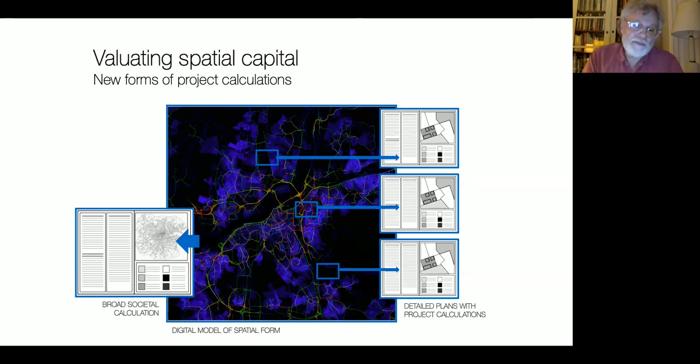So, summing up, I hope that this has made some kind of sense. I started with some discussion about the idea of spatial capital as that kind of hidden dimension almost in the traditional production values, and not least when it comes to land.